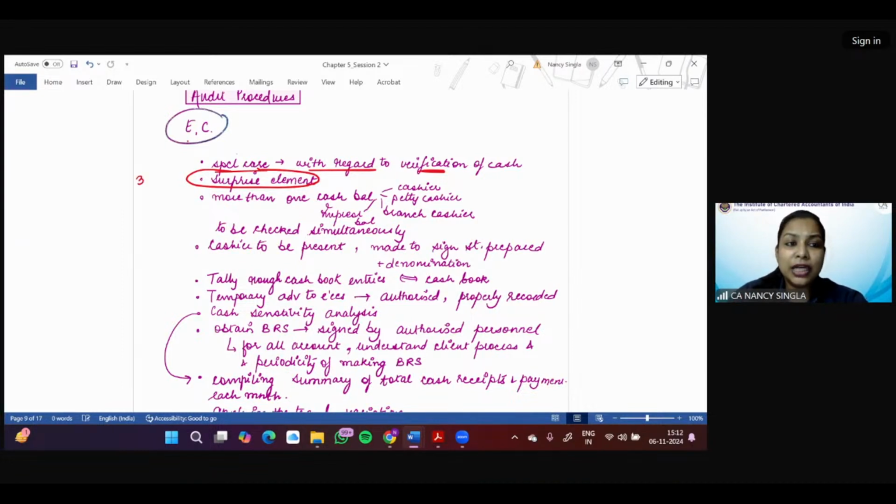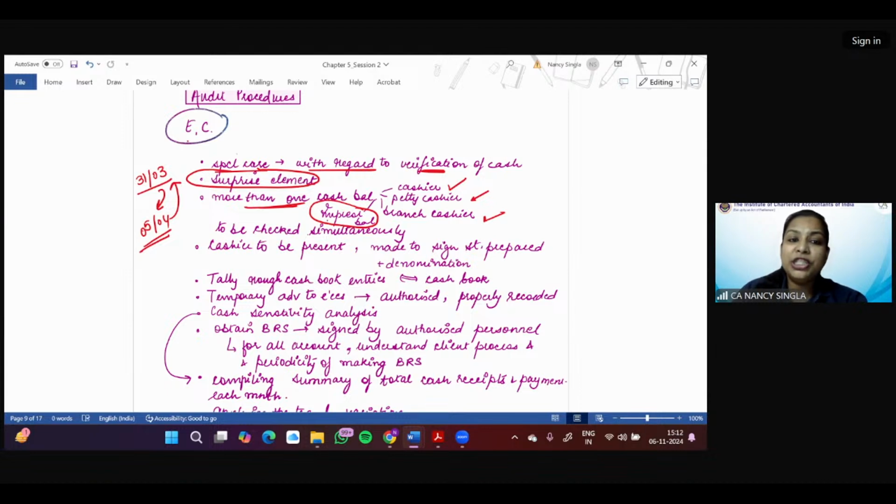And not only on 31st March, the auditor should check, but subsequently also, let's say on 5th April also, auditor should check what is the cash balance, and then he should arrive at the figure of 31st March, right? And let's say there are more than one cash, like a cashier is there, one cashier is there for petty cash, one cashier, separate branches are there, so separate branch cashiers are there. Imprest balances with the employees are there, right?